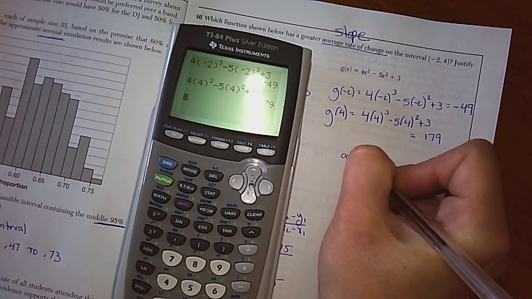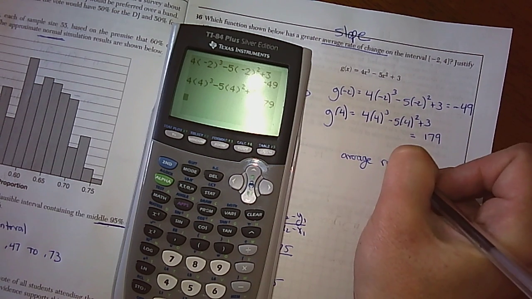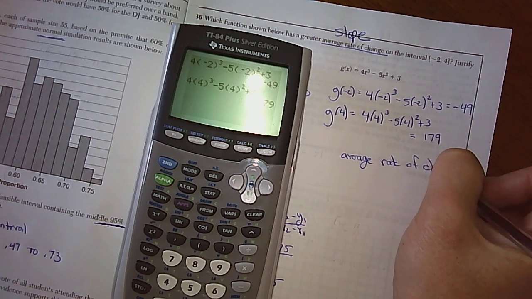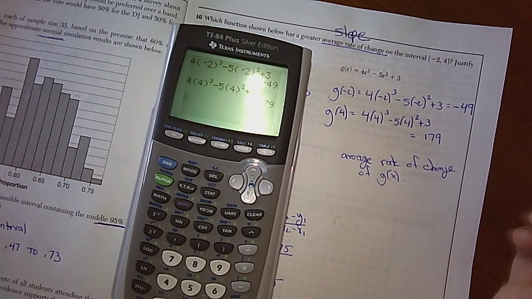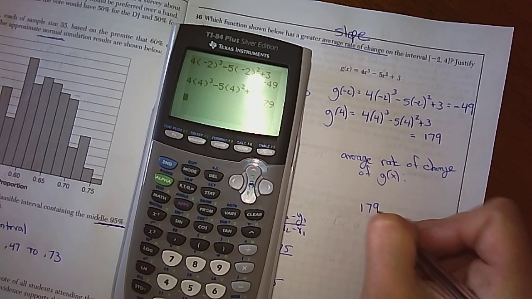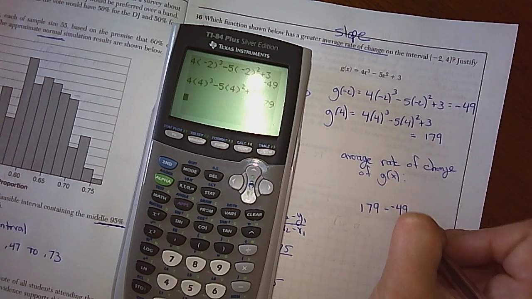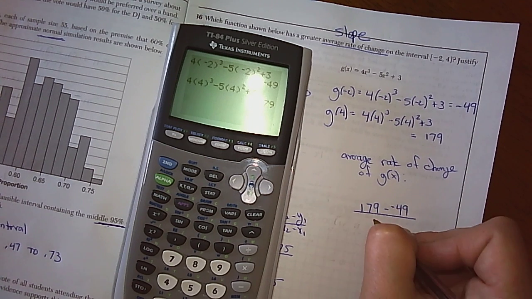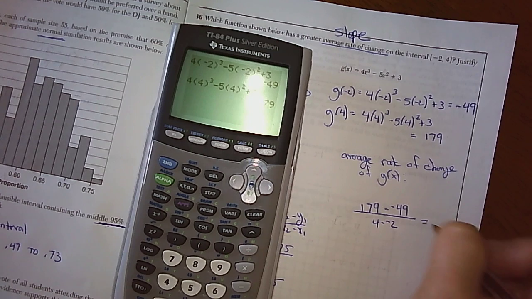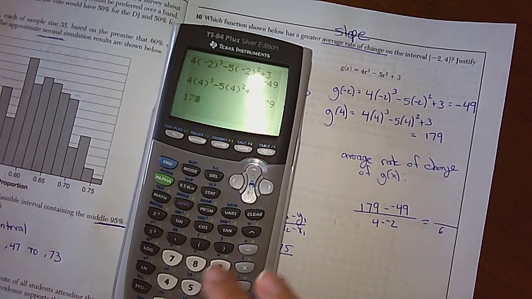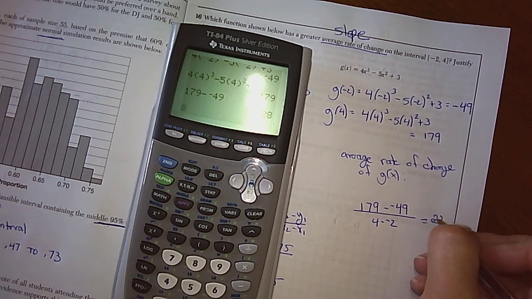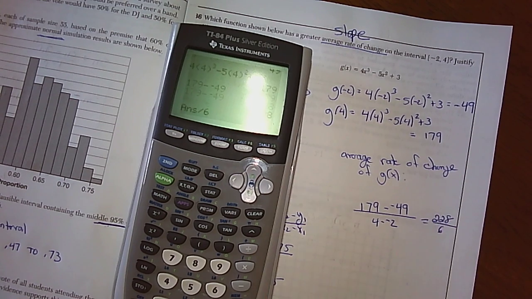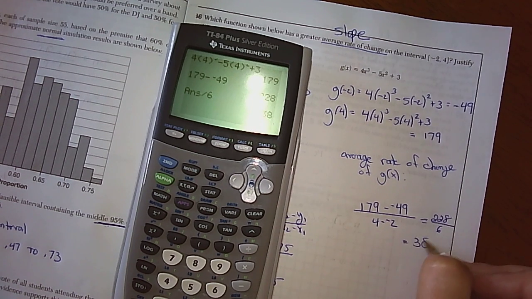So now I have to do the average rate of change of g of x, which means I'm doing 179 minus -49 all over 4 minus -2. So the bottom's still 6. 179 minus -49 is 228 divided by 6. And I'm getting 38.